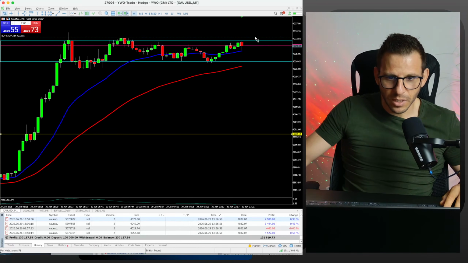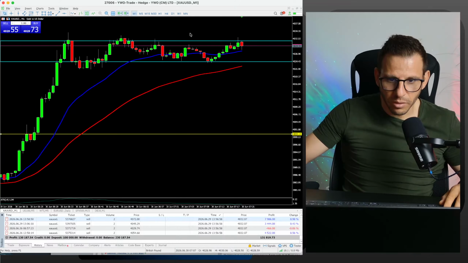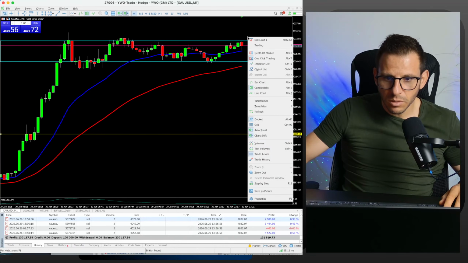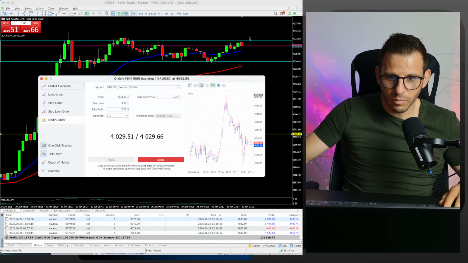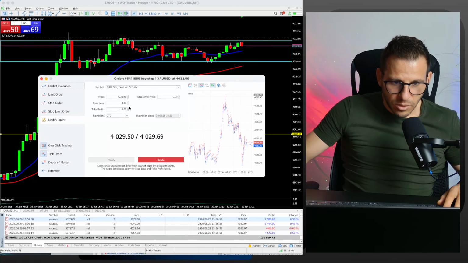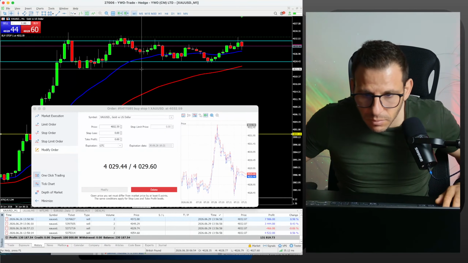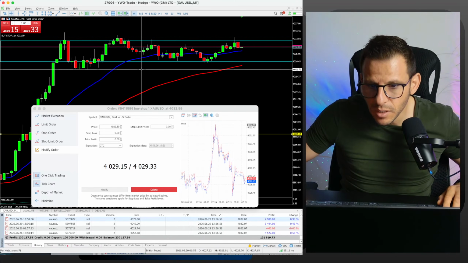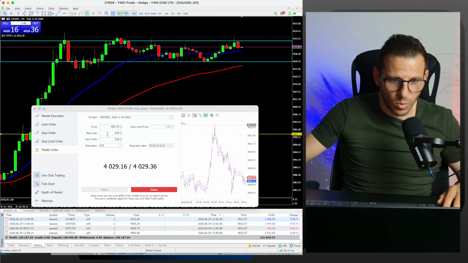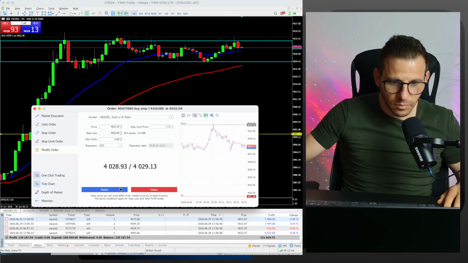I will get filled only if the price breaks above this level. I'm going to hide my stop loss, non-delete position. I want to go with one lot here, not two lots. Trading, buy stop. My stop loss will go at 40.21.